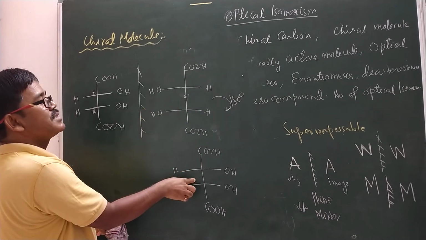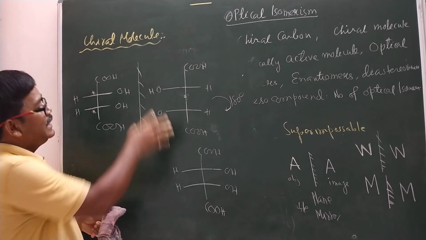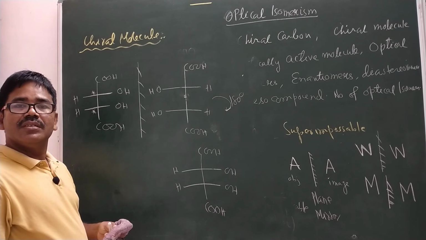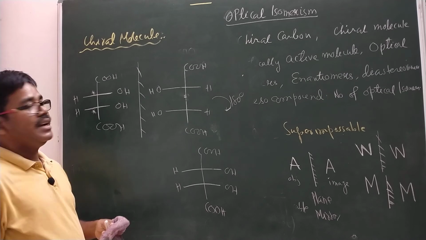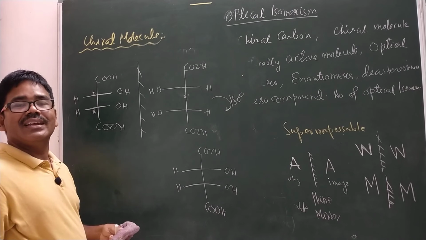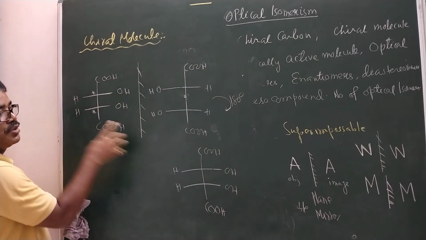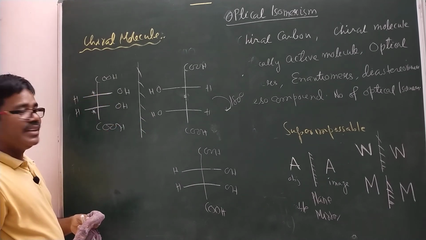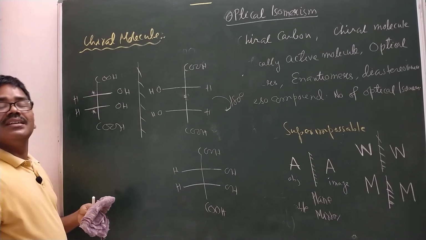If any one of these is superimposable on the object, then as a whole I say the molecule is superimposable on its mirror image and it is not chiral. Here this is not superimposable, but this one is superimposable. If you take this and try to paste here, it looks the same. Therefore this molecule, though it contains chiral carbon, is not chiral.